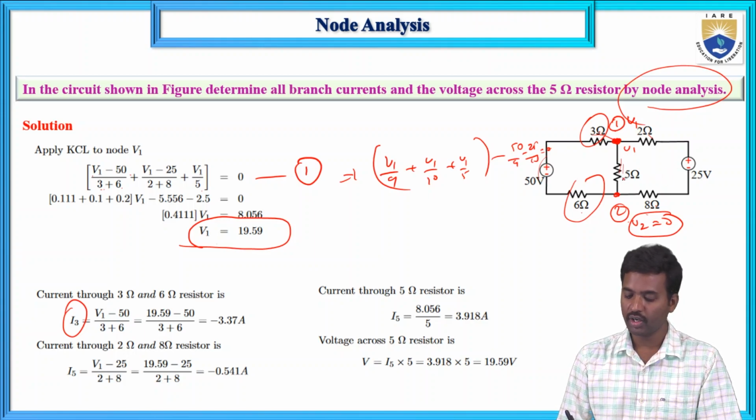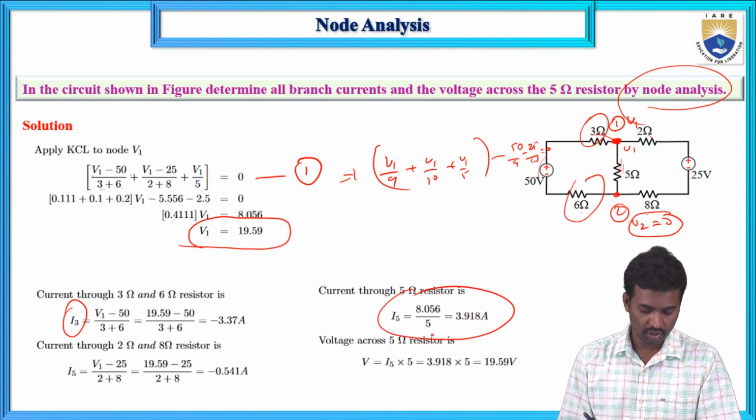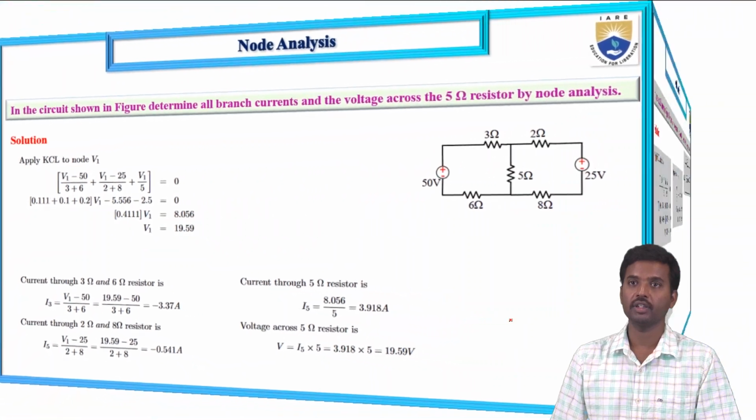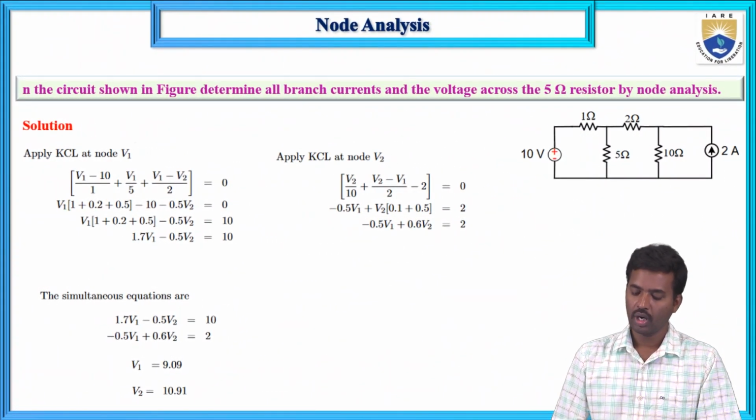We need the current through the 5 ohm resistor, (V1 minus 0) by 5, which equals 3.918, and then the voltage across the 5 ohm resistor.